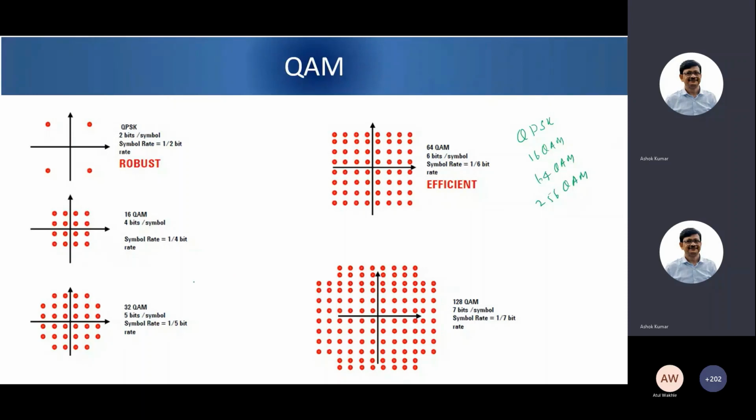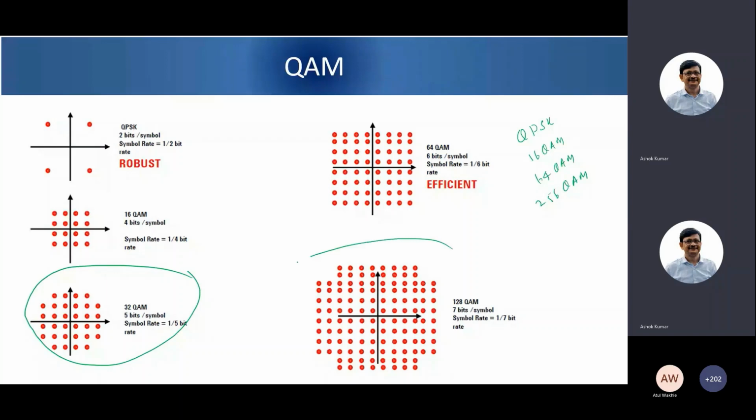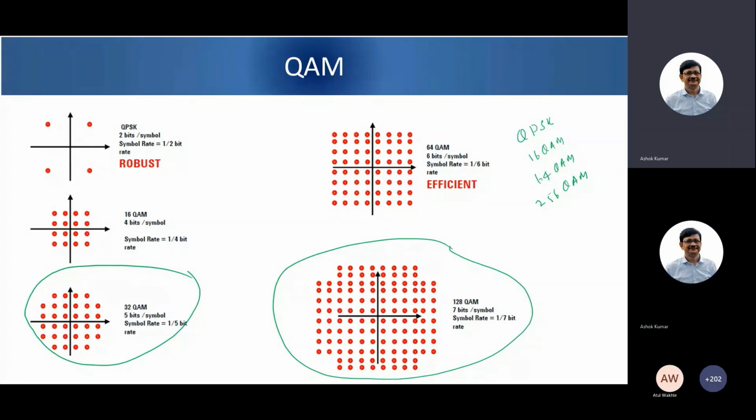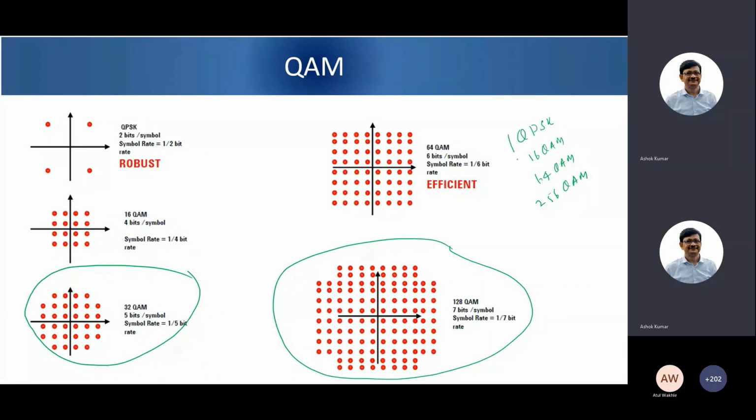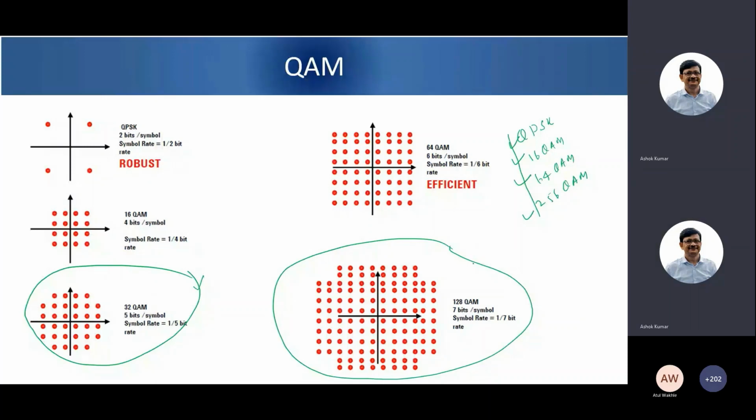We didn't talk about 32 QAM or 128 QAM. What is the reason that these QAMs are not being used in 5G? Can you guess any reason? In the previous slide I said that 5G supports 4 QAM, 16, 64, and 256. They are not using 32 QAM or 128 QAM.